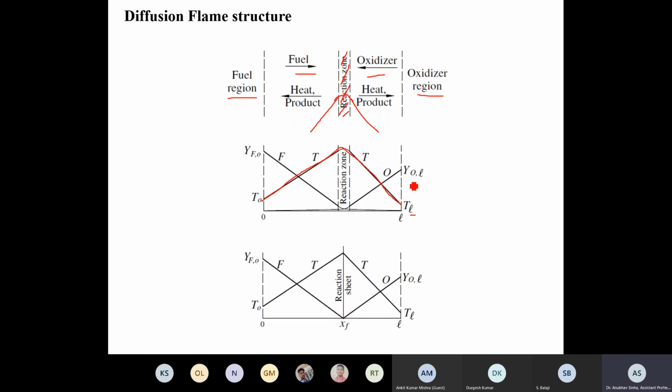Again, oxygen will be high here and it will go to 0. Fuel will be higher, it will go to 0. So this looks like one line, but these are different. This is for oxygen and the black line is for fuel. We have already discussed this.